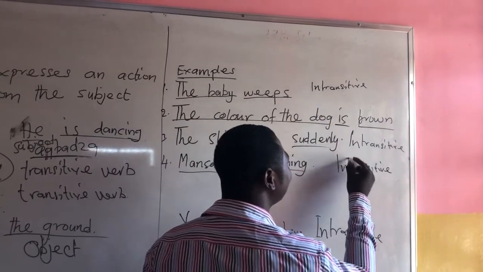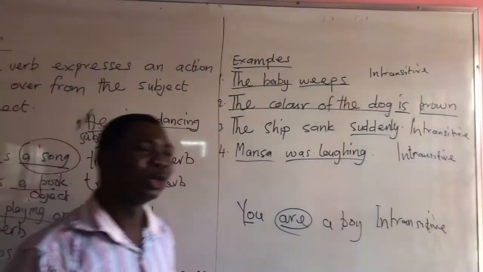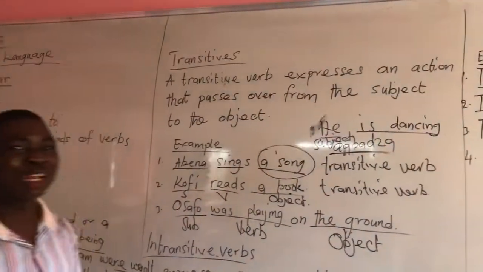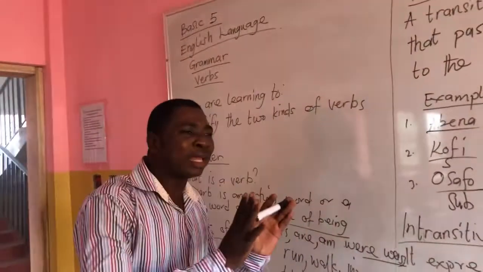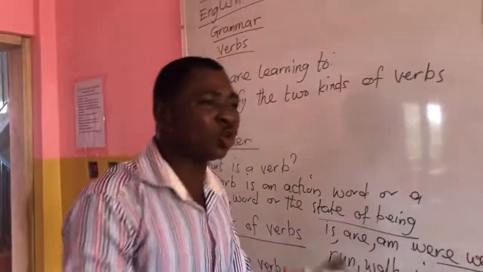So what have we learned today? We have learned the two kinds of verbs: transitive verbs and intransitive verbs.